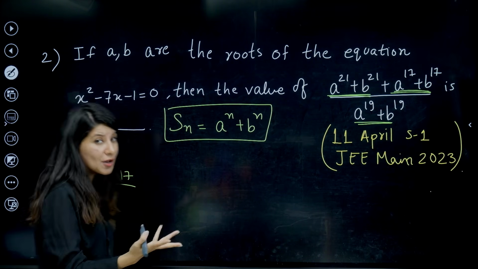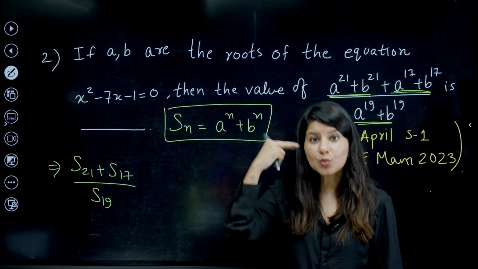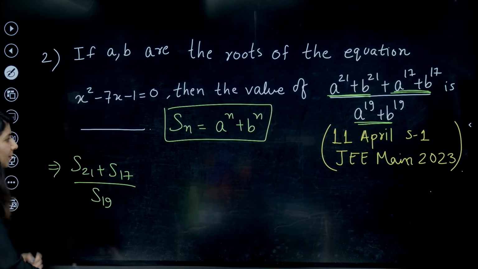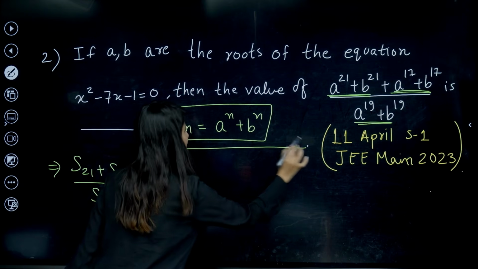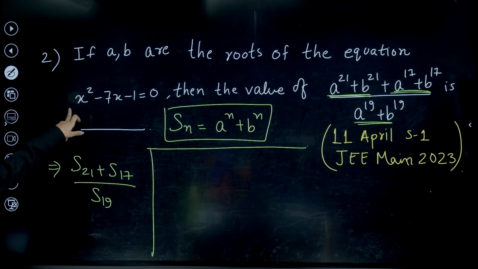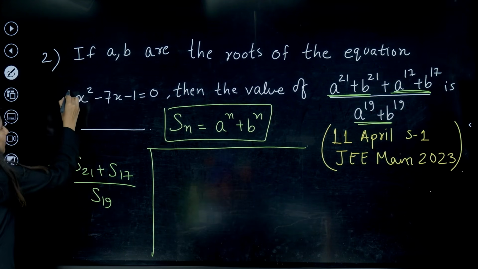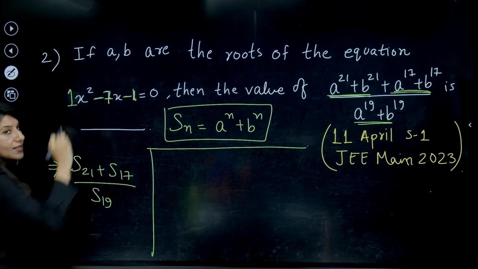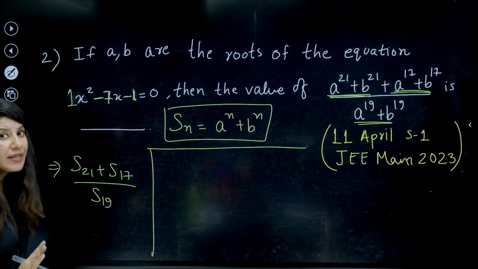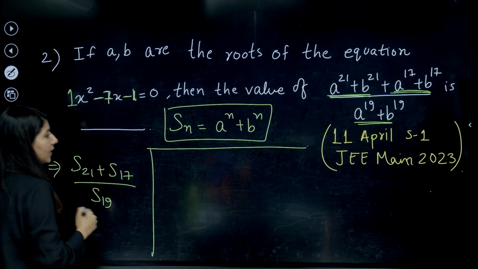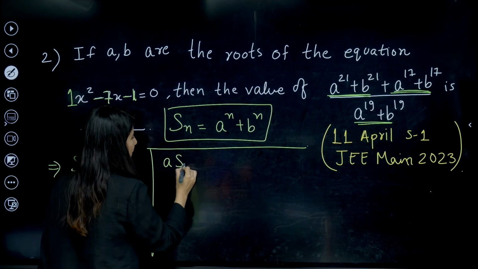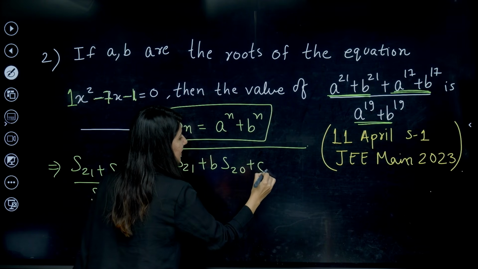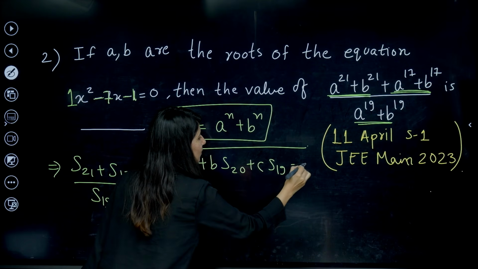Now how to solve, how to apply, how to think, let us understand. Okay, so this is what you need to figure out. Let's do it. First of all, you can clearly see that 1 is your A, minus 7 is your B, and minus 1 is your C. So you can simply write A times S21 plus B times S20 plus C times S19 is equal to 0.